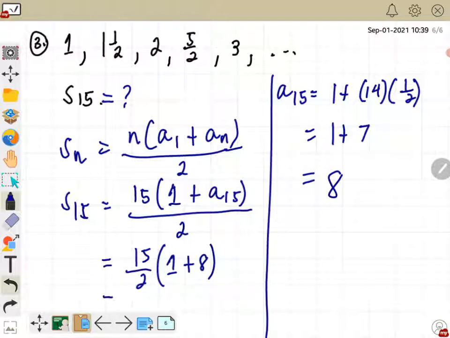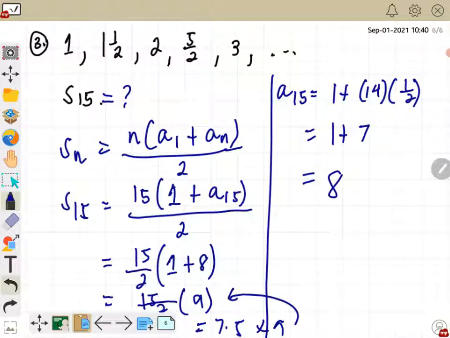So that gives us 15 divided by 2 times our 9. 1/2 of 15 is simply 7.5, times 9. So multiply 7.5 times 9, and that is your sum of the first 15 terms.